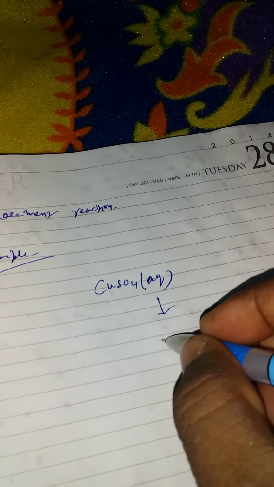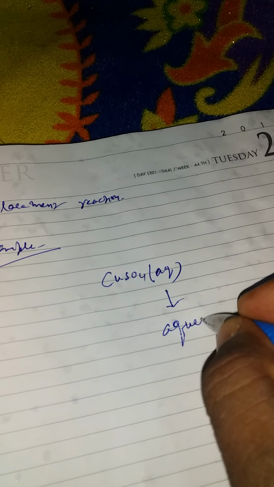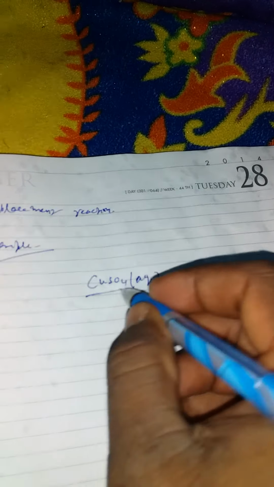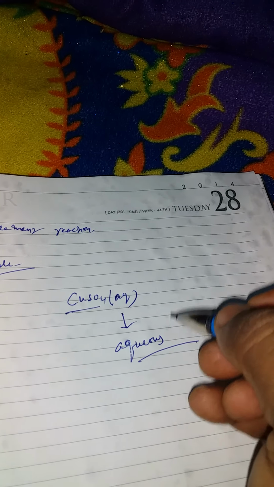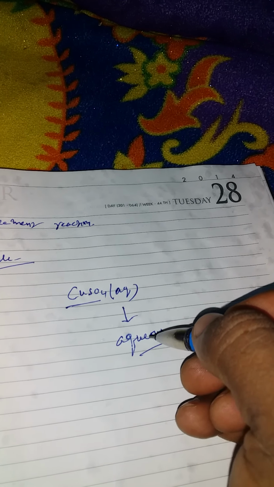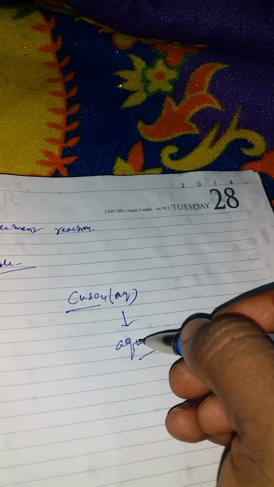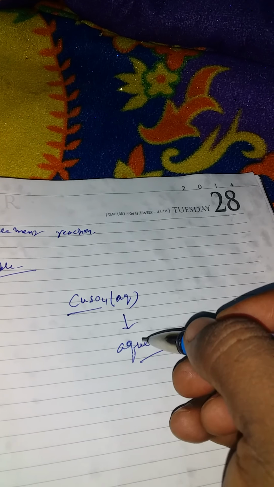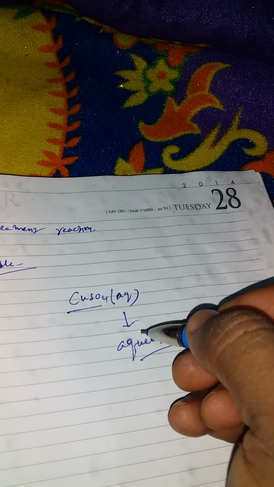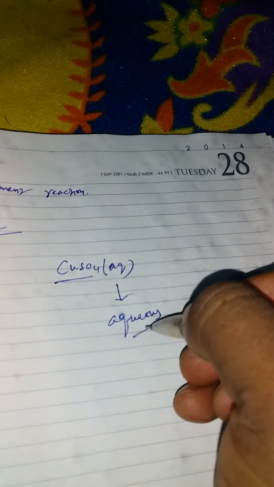This term aqueous means this copper sulfate is dissolved in water. That means it is in the form of solution, and solution is a type of mixture, and mixture is an impure substance having different kinds of particles. So here copper sulfate as well as water, that's why we use the term aqueous.